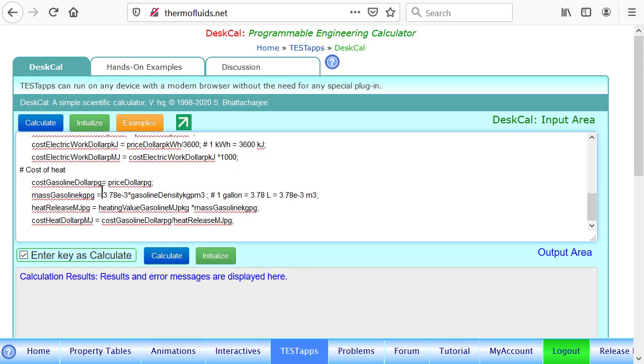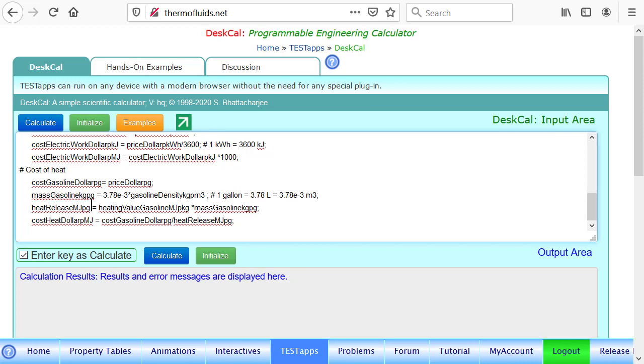So heat release in million joules will be what? The heating value of gasoline in million joule per kg is known, given to us, multiplied by the mass of gasoline per gallon. So when you burn 1 gallon of gasoline, this much amount of heat will be released.